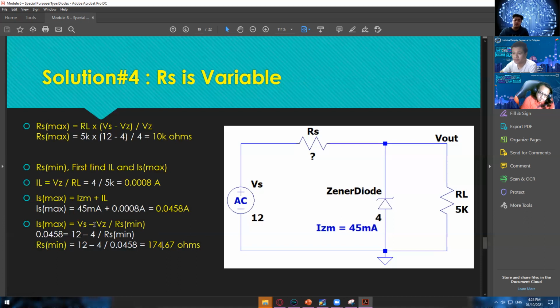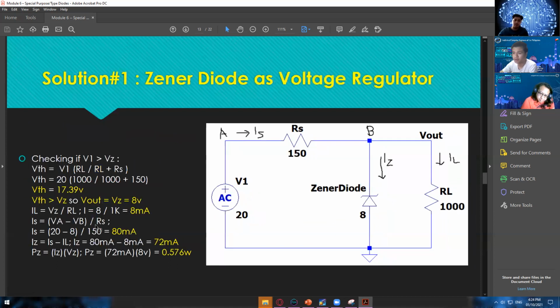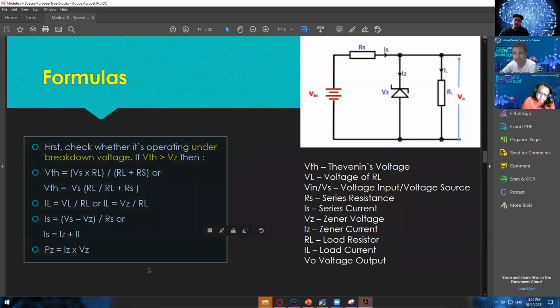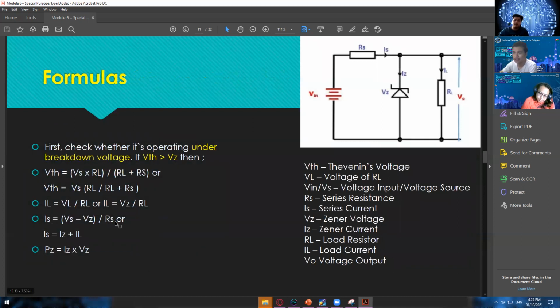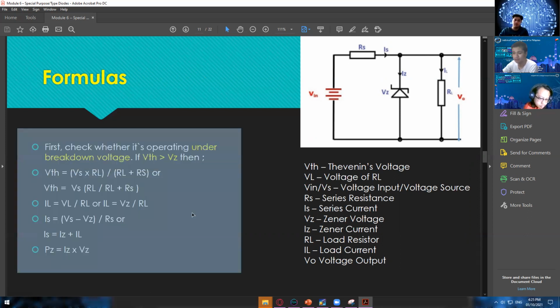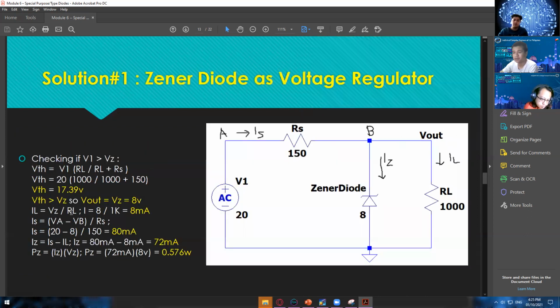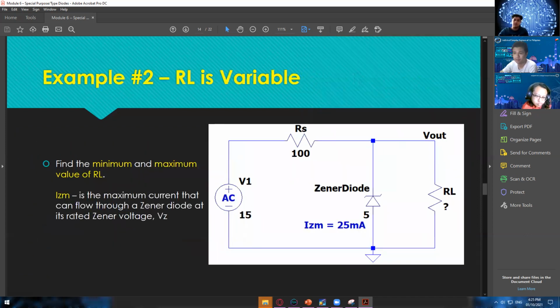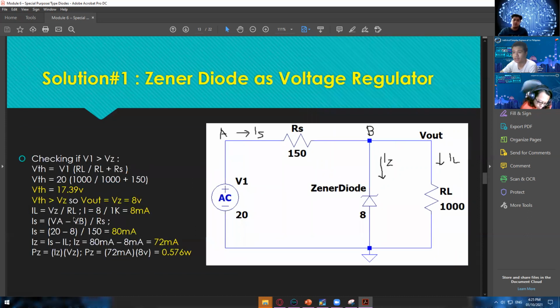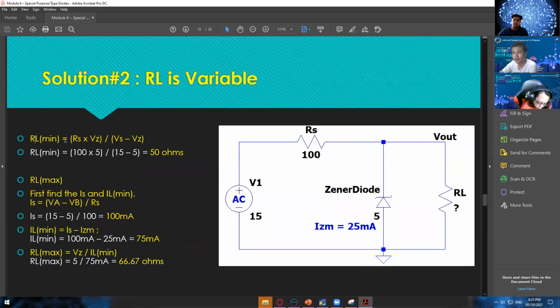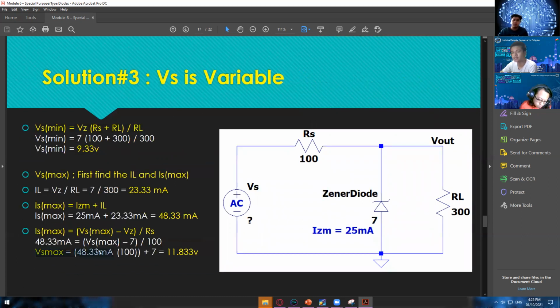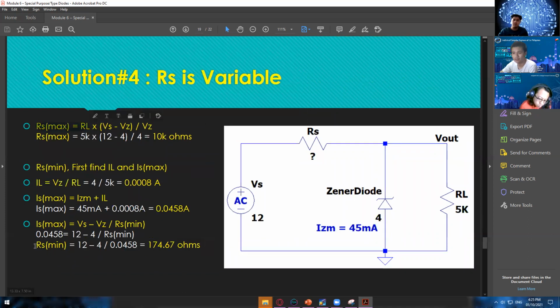Well, most of them were based on our main given formulas. So these two formulas are for IS, and that is where that one came from. So basically, just memorize these general formulas, and later on, after you familiarize yourself with that, you can proceed with the formulas for the RL mean, the RL max, VS mean, VS max, RS max, and RS mean.